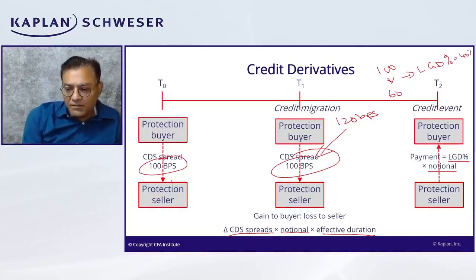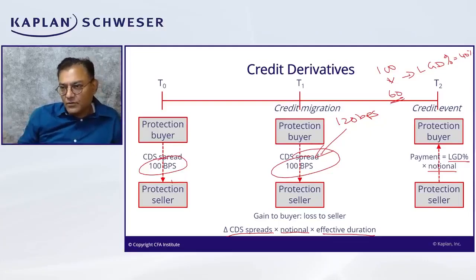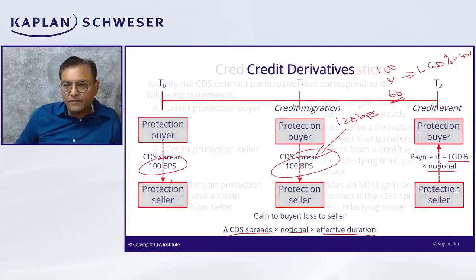So 40% of the value was destroyed because of the occurrence of the credit event, because of default, and 60% is remaining. That's your loss given default. And so 40% of the notional is paid by the protection seller to the protection buyer.